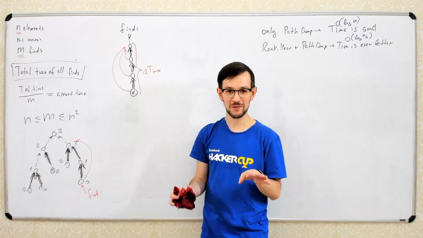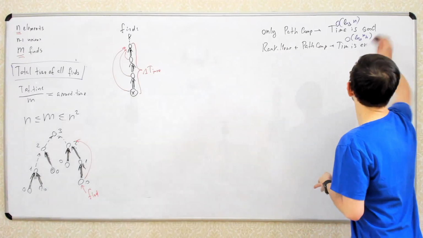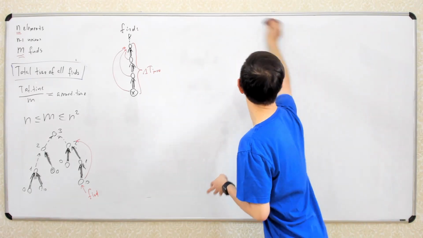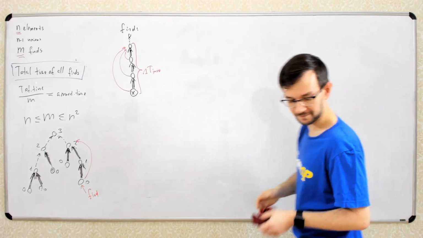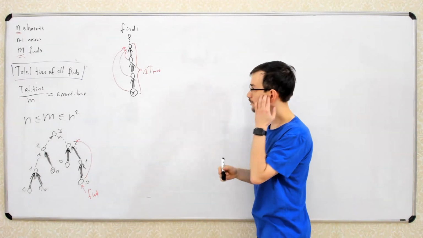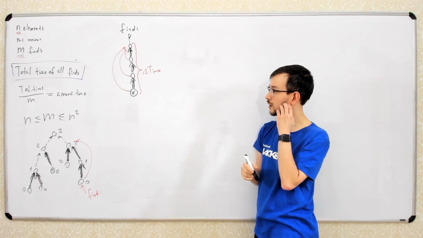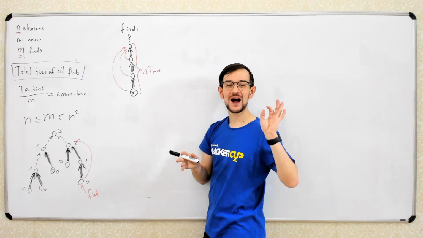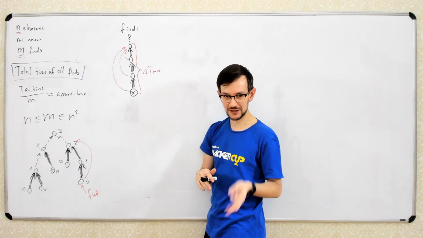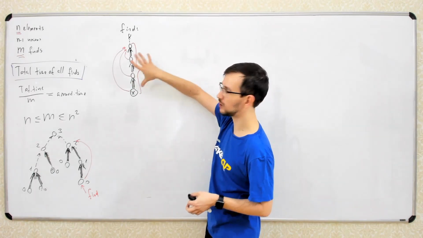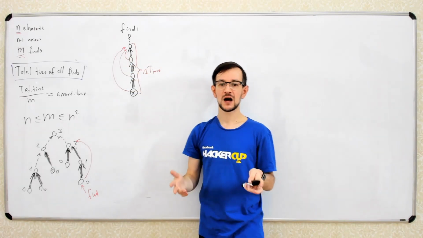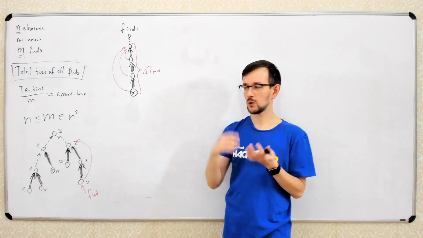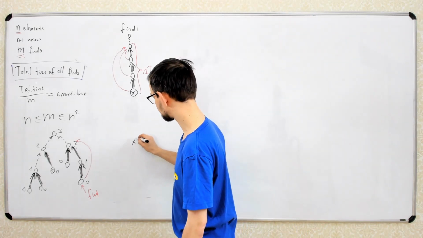Now we'll actually calculate the time complexity. Again, let's stay here a little bit more. How will we calculate this time complexity? We need to calculate the total lengths of all paths. Instead of doing this, we will calculate this sum as follows. We take vertex x.